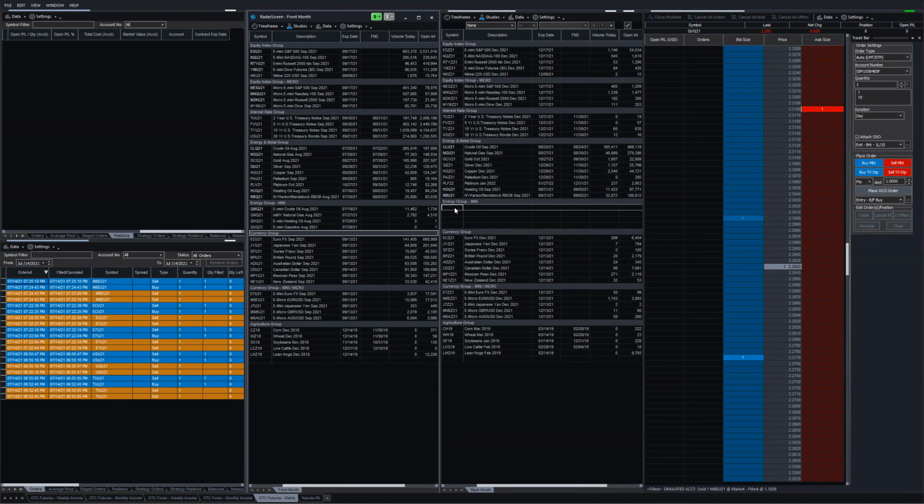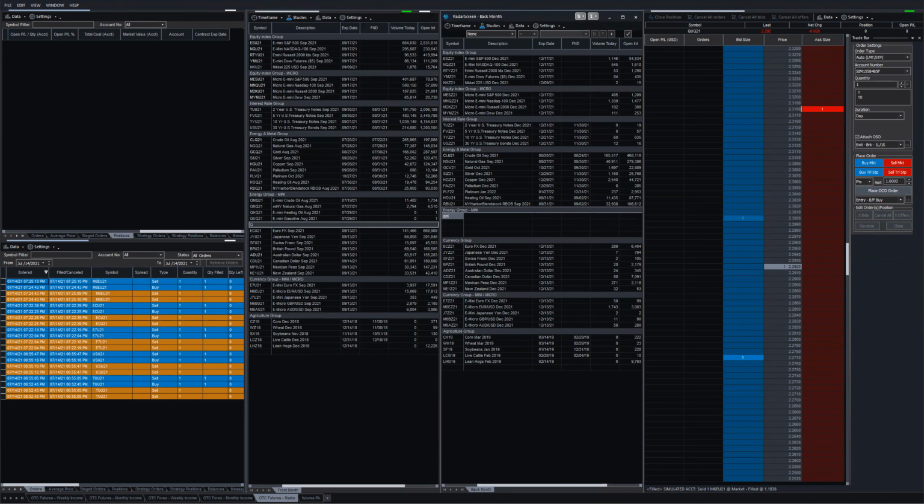And here we have all our U21. Q and U21. Let's see if the back month is being traded. I doubt it. QH U21.